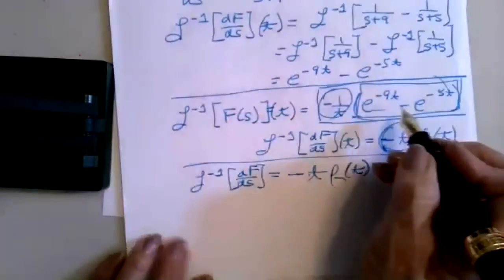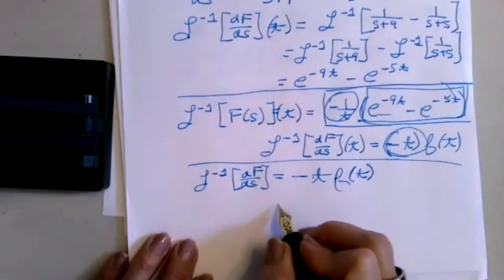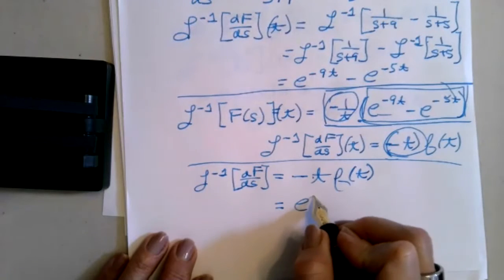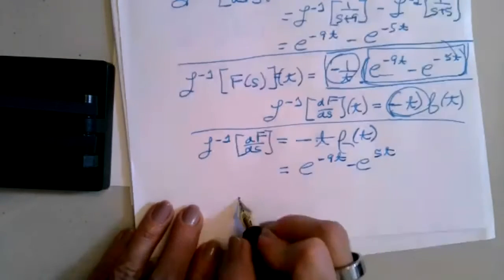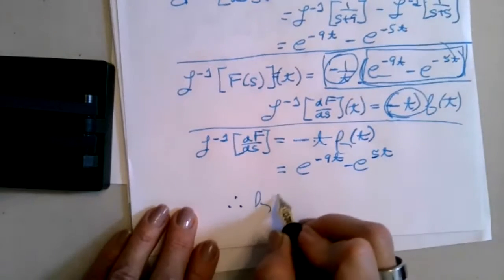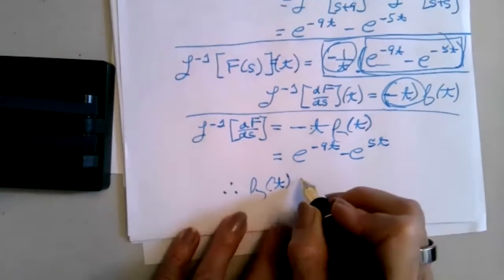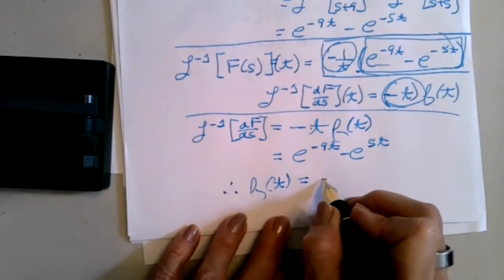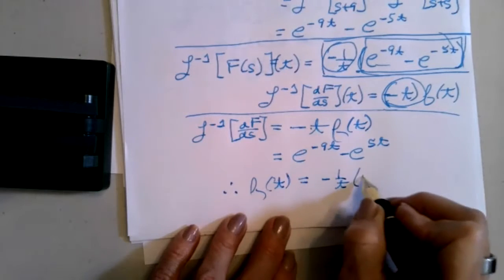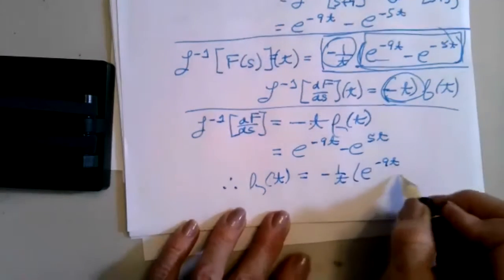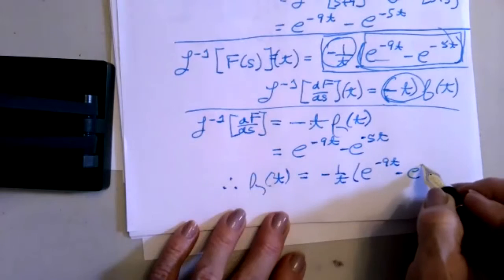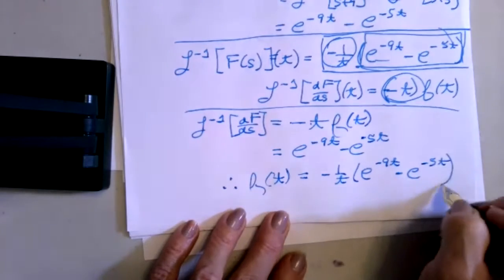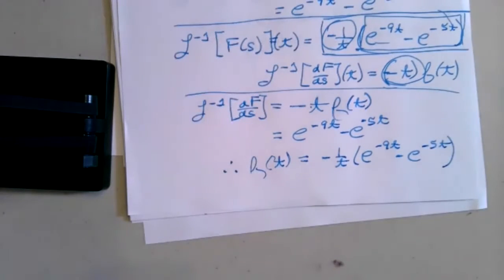On the other hand, minus t times f of t is equal to e to the minus 9t minus e to the minus 5t. So f of t, little f of t, has to be equal to minus 1 over t times e to the minus 9t minus e to the minus 5t. And maybe that's a better way to explain it than the way I explained it before.